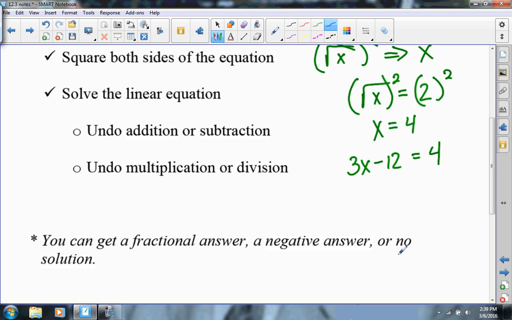But if you're going to have a negative number inside the square root, that's when you get no solution. So no solution is when you have the square root of a negative number. Let's just abbreviate it like that.